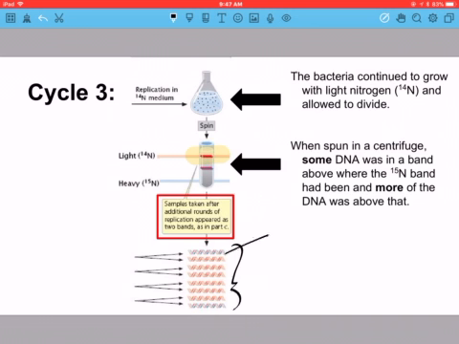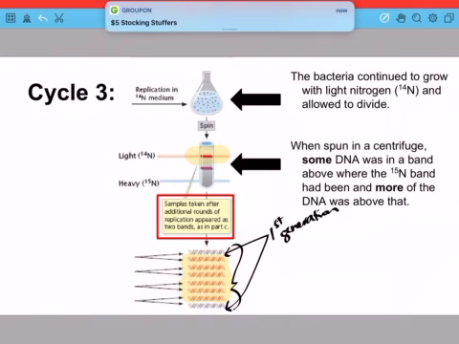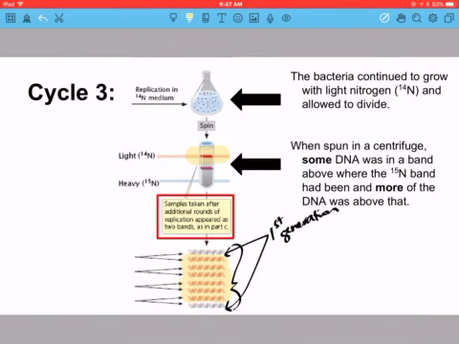These two on the end would represent your first generation grown after the E. coli was moved from the N15 to the N14, and then every generation after that is going to be N14 only. And this was sufficient to confirm that semi-conservative replication is indeed the mechanism for copying DNA.